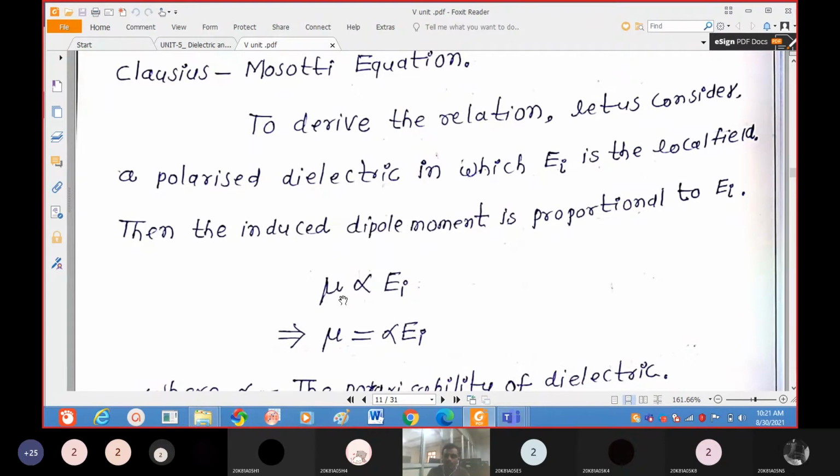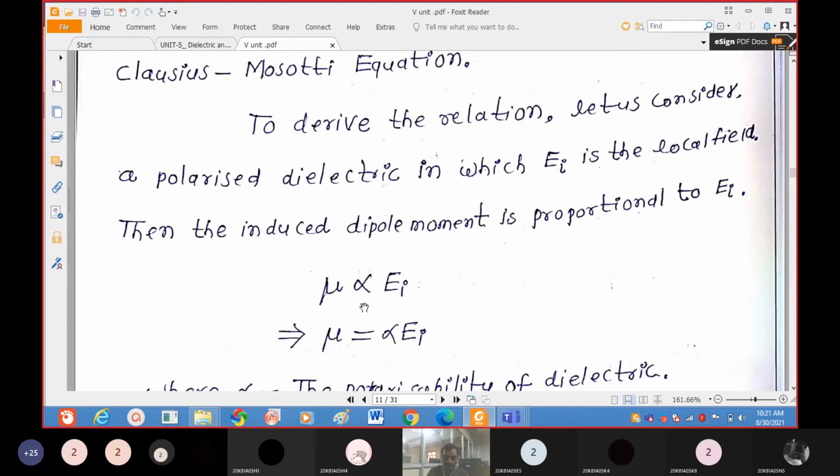Here mu is the average dipole moment, or induced dipole moment. The induced dipole moment is proportional to the local field Ei, and the proportionality constant is alpha.